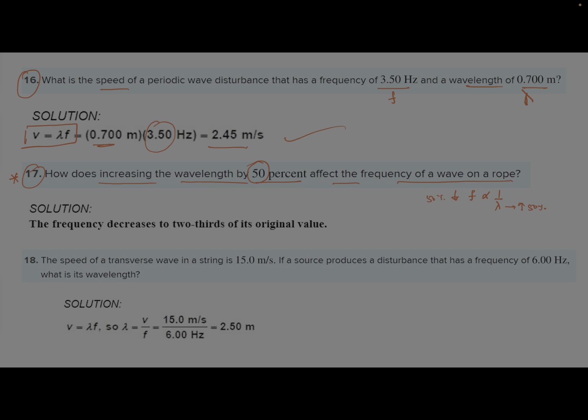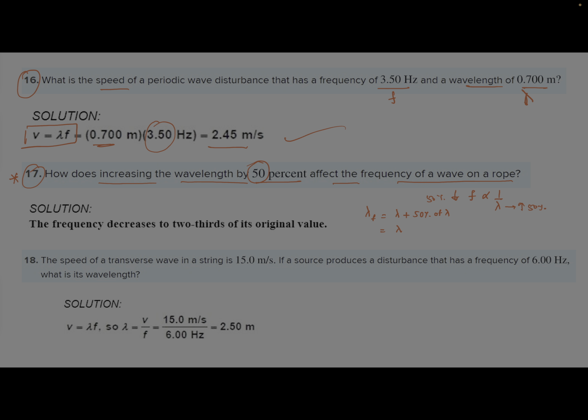What is the meaning of that? So what we can do, we will take the condition. Let's say your lambda final is becoming 50% increased. What does it mean? It means initially it has wavelength lambda, plus 50% of lambda is increased, correct? So you have to add 50%.